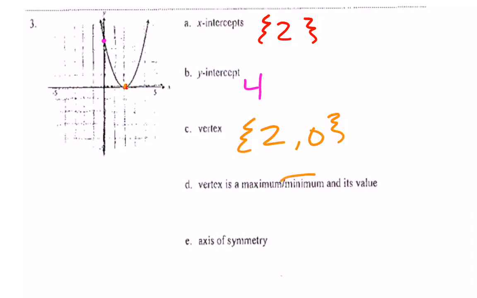The vertex has a minimum, and the minimum value is 0. I can't ever go any lower than 0 on my graph. And my axis of symmetry is x equals the x value of my vertex.